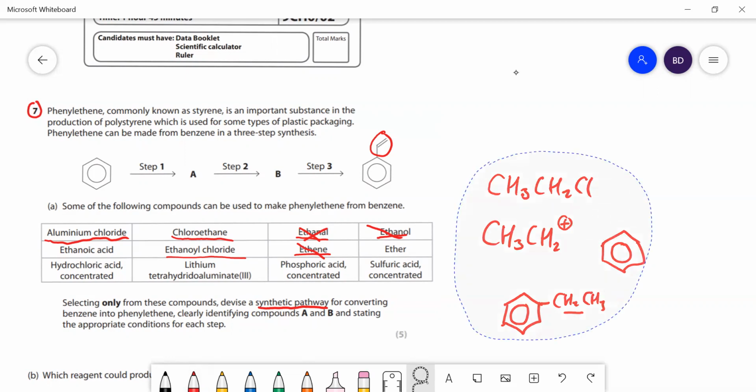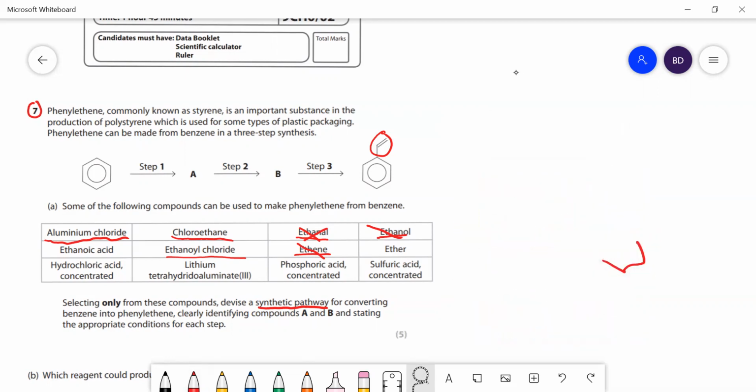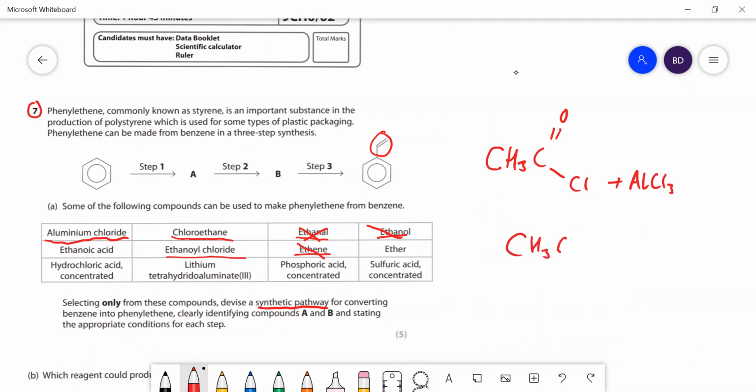So that leaves us really with the ethanoyl chloride as the 2-carbon unit we can stick on, and that is the right one. So the ethanoyl chloride has got this structure, and we are going to react that with aluminium chloride catalyst, which will generate this electrophile and AlCl4-.